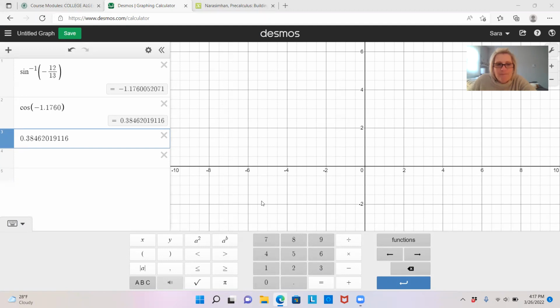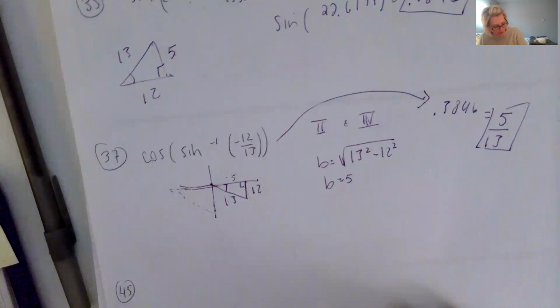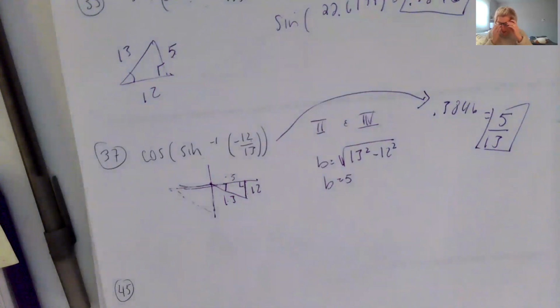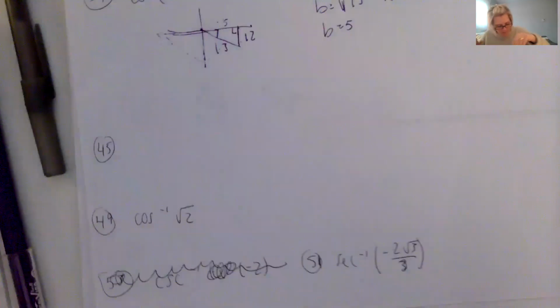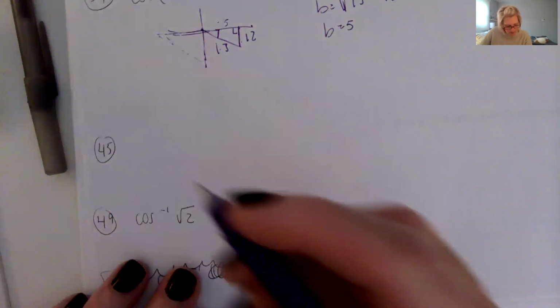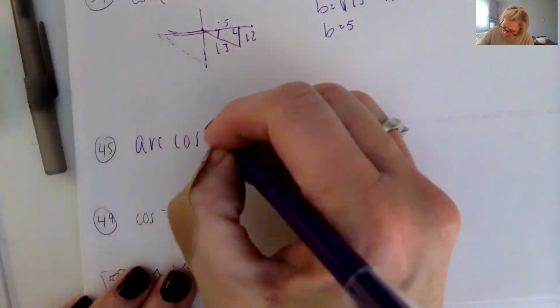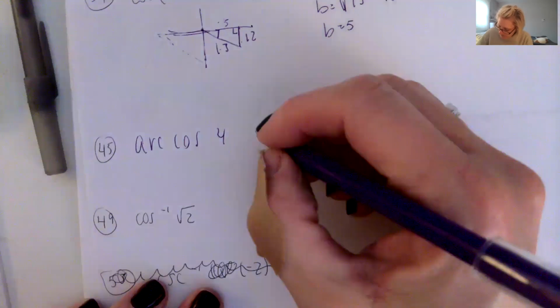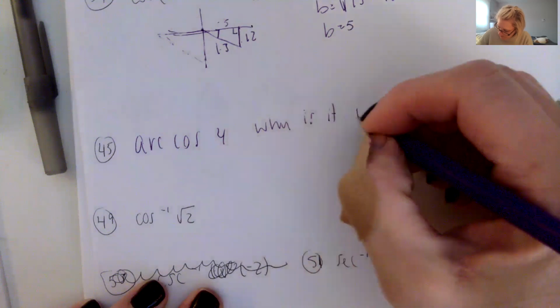Okay. We're going to move on to something else. So 45. 45 says, explain why each of the following expressions is undefined. So explain why arc cosine of 4 is undefined. Why is it undefined?